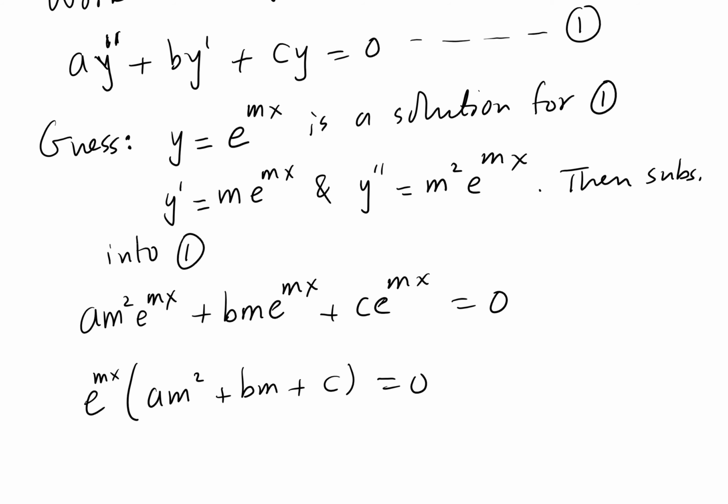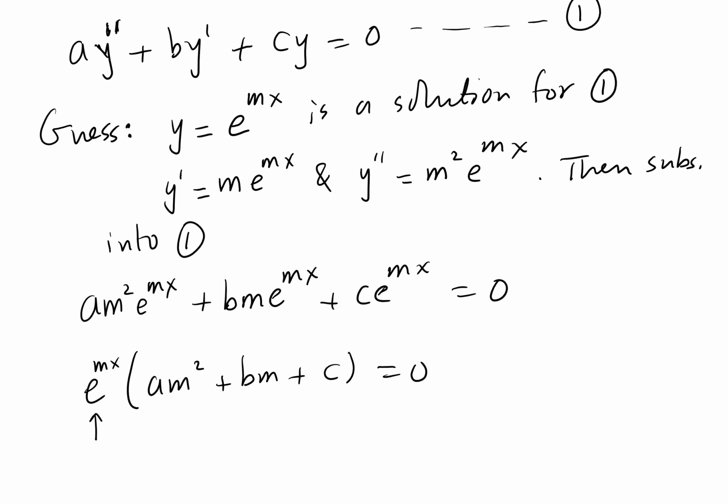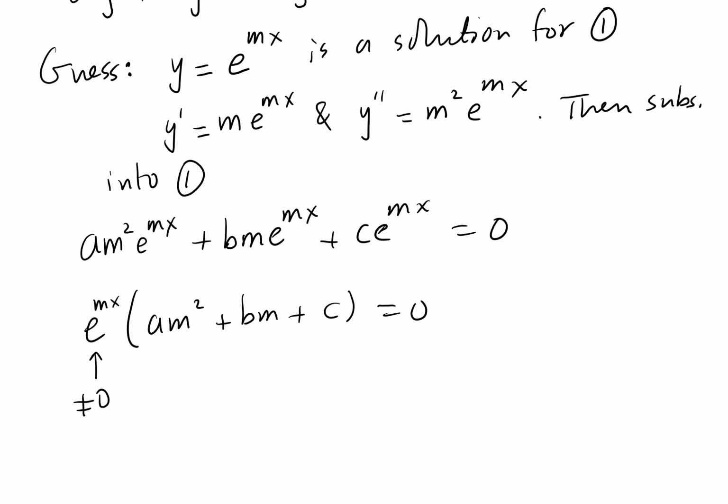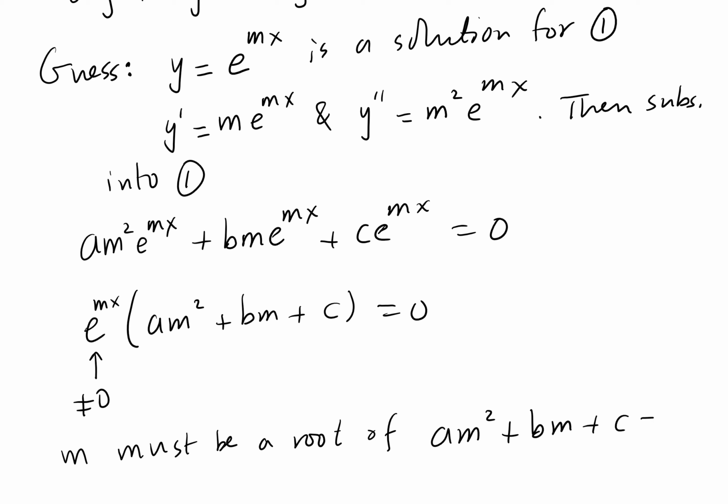So what does that tell us? We know that e to the mx will never be 0 for any m and x. So this means if y equals e to the mx is a solution, then m must be a root of this equation, a m squared plus b m plus c.